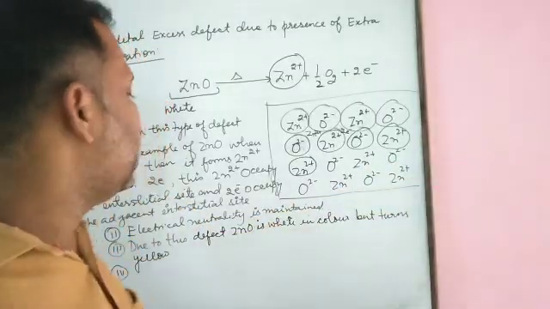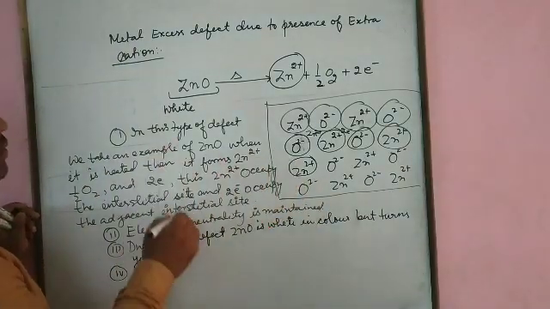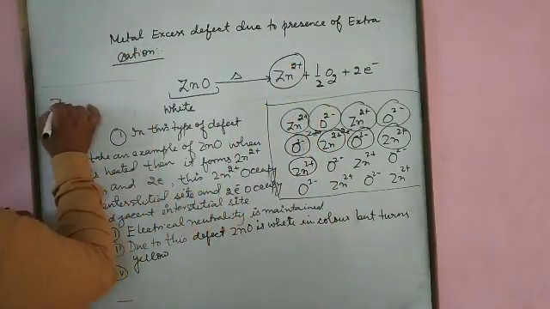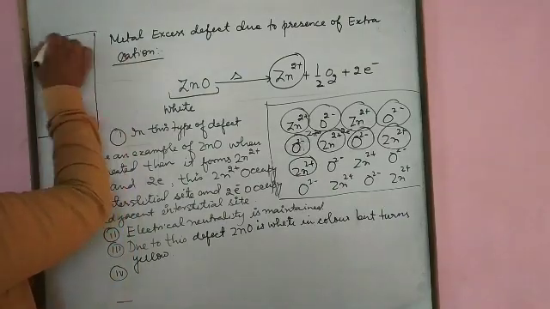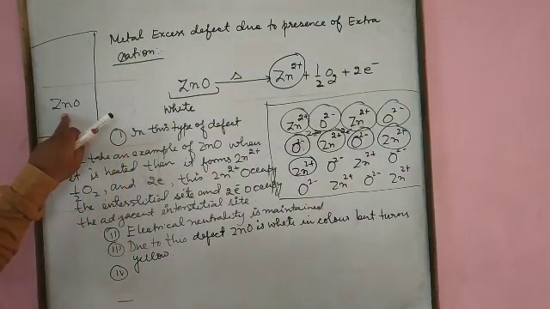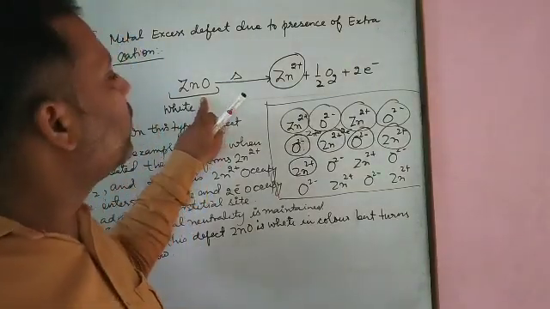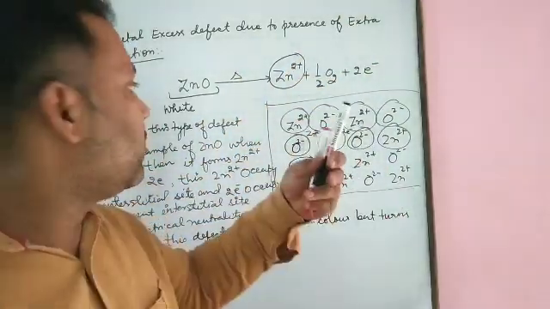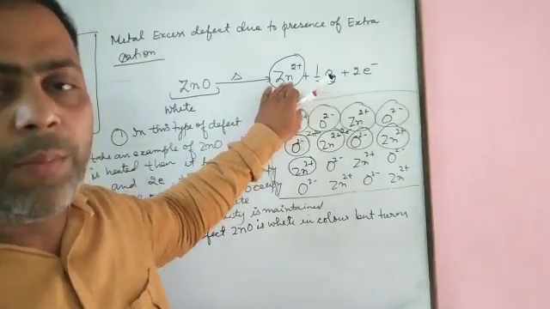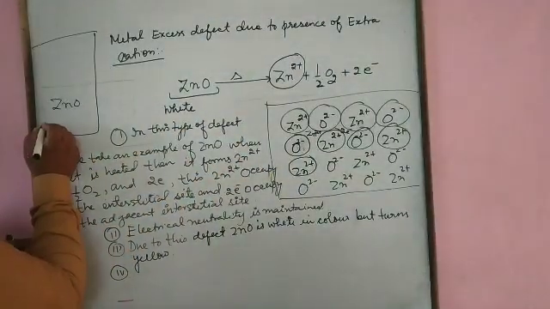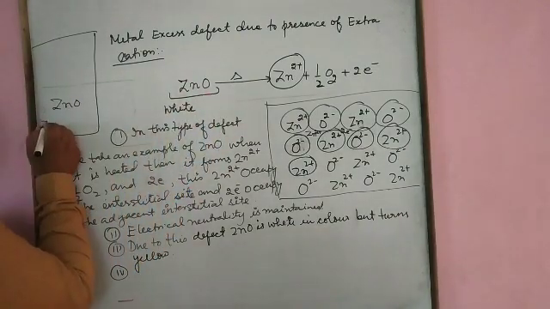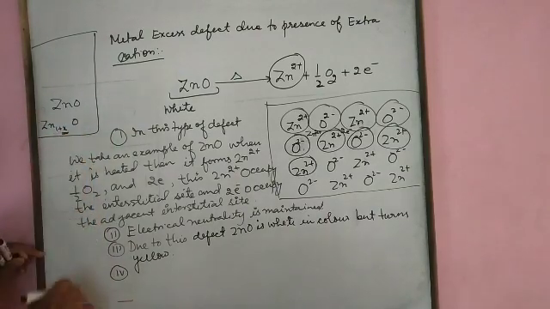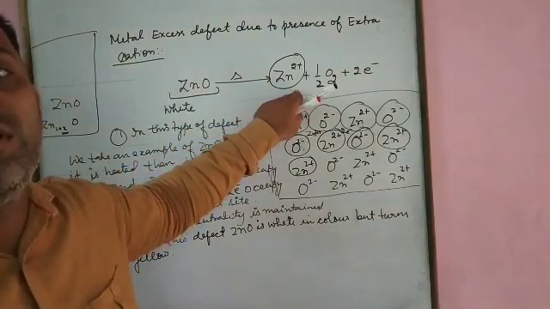The stoichiometric ratio of Zn and O is 1:1. But on heating, oxygen is lost. If oxygen is lost, in another way we can say there is an increase in the composition of zinc. That's why in this defect, the composition becomes Zn1+xO. X indicates the increase in the number of zinc cations.